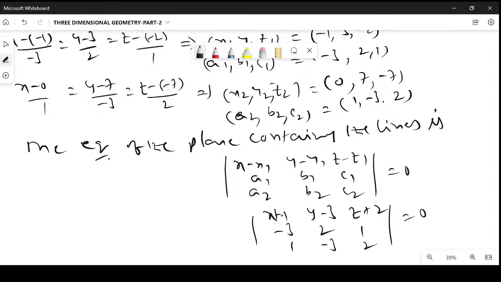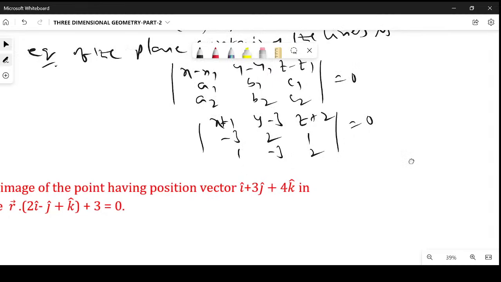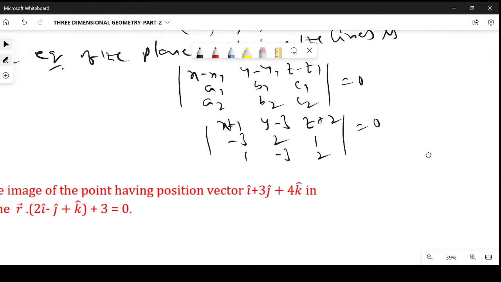Now if I expand this, you get the required answer.